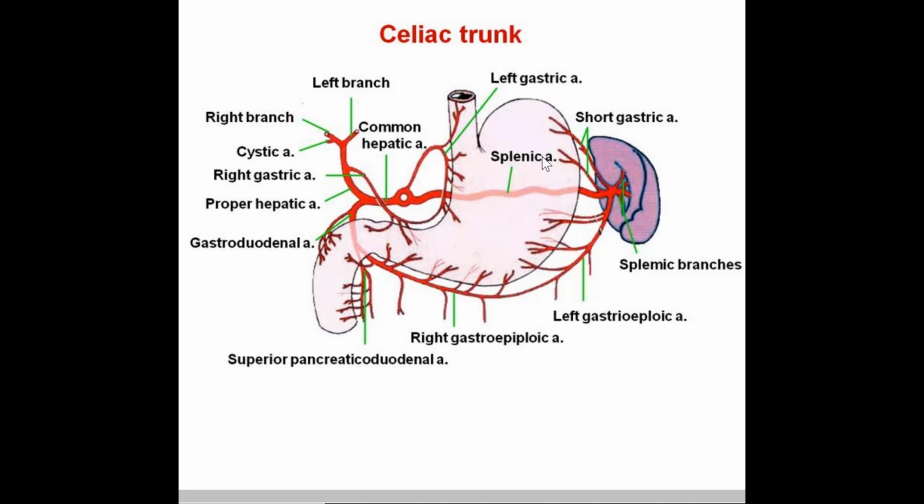So the main blood supply of the stomach: there are actually 5 arteries involved in this. The first is the short gastric arteries. The second is the left gastroepiploic artery and right gastroepiploic artery. The third, right gastric artery and the left gastric artery.